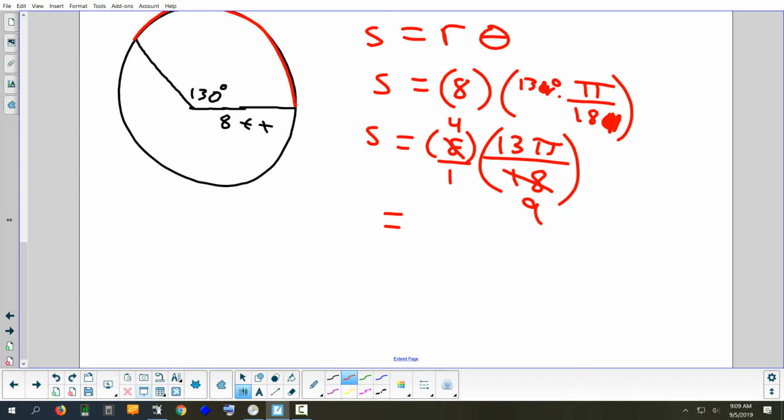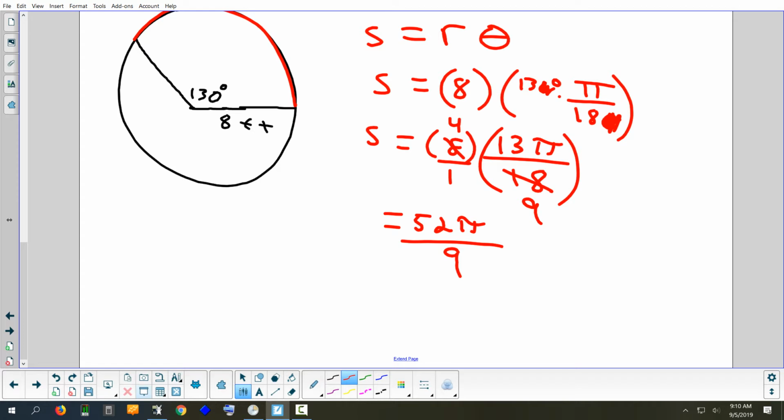Okay, so now we'll just multiply straight across. 4 times 13. And then we'll put a pi on it. 4 times 13 is going to give me 52 pi divided by 1 times 9. Okay. So that's 52 pi over 9.